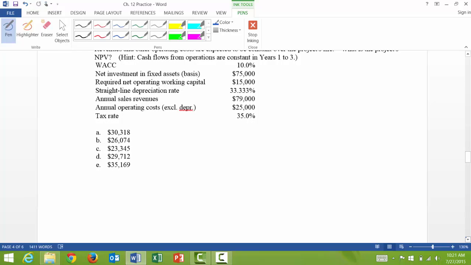So we have time 0, and originally you're going to have some type of investment in fixed assets.